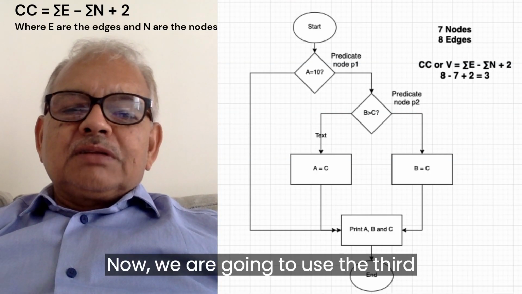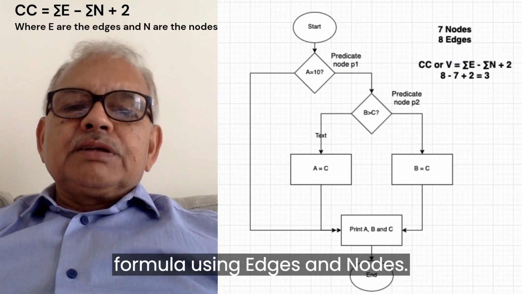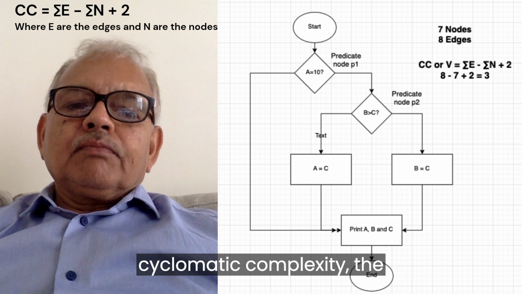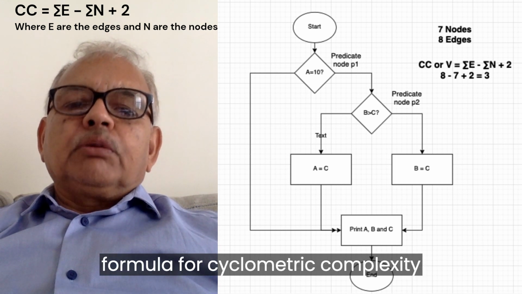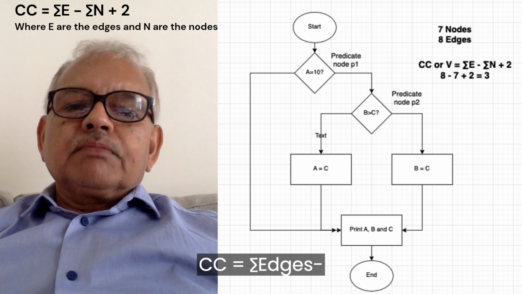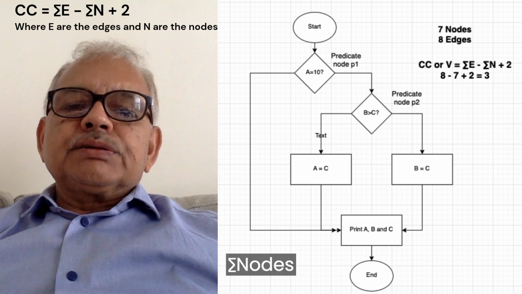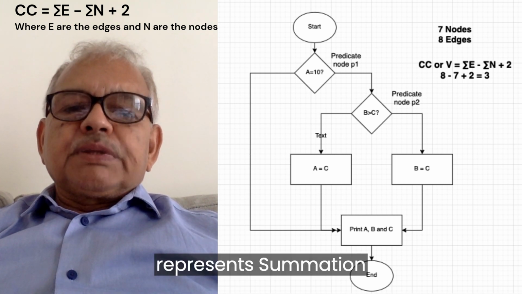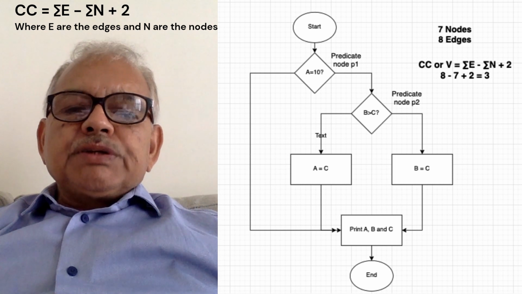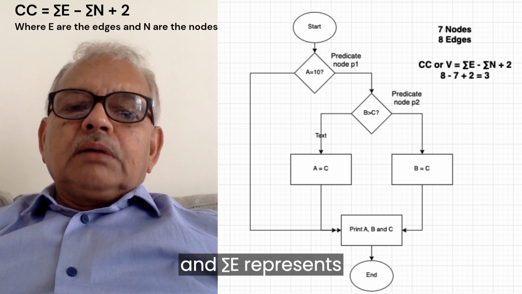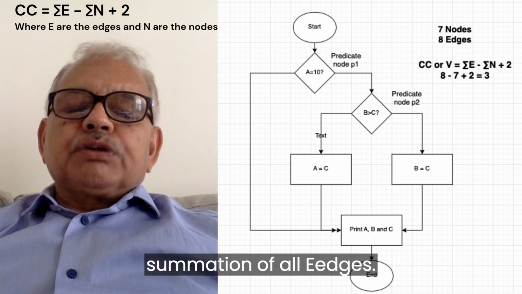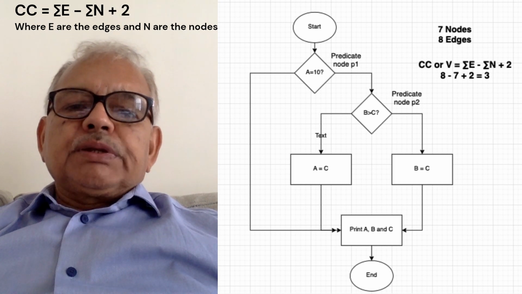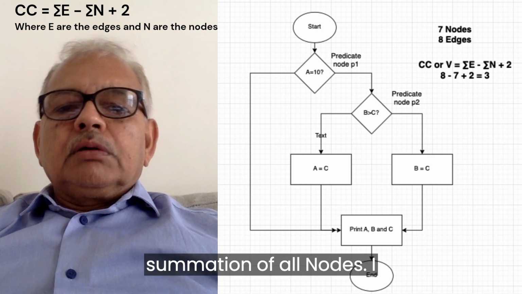We are going to use the third formula, using edges and nodes, to calculate the cyclomatic complexity. The formula for cyclomatic complexity: Cc = ΣE − ΣN + 2, where Σ represents summation, ΣE represents the summation of all edges, and ΣN represents the summation of all nodes.